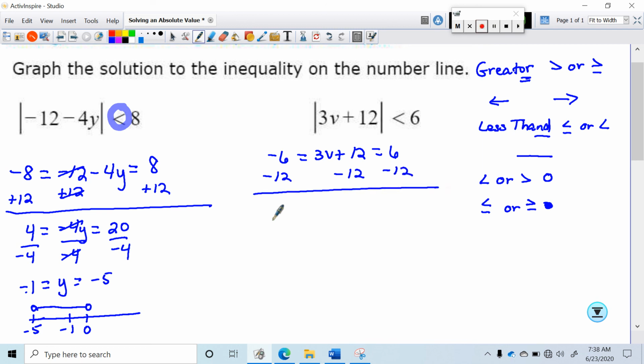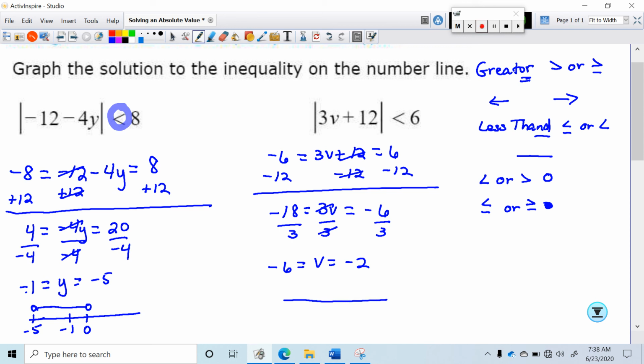Negative 6 and negative 12 is negative 18 equals 3b. Opposites cancel, equals negative 12 and a positive 6 is a negative 6. Divide each piece by 3. Negative 18 divided by 3 is negative 6 equals b equals negative 2.